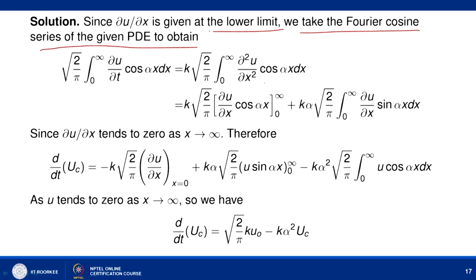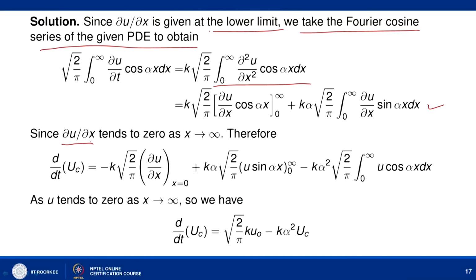We can either use our result 2, or simplify this by applying integration by parts, and we can write k upon root 2 by pi, du/dx cos alpha x from 0 to infinity, plus k alpha root 2 by pi, integral 0 to infinity, du/dx sin alpha x dx. So here we applied integration by parts.